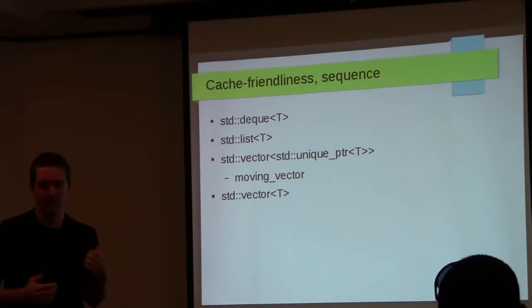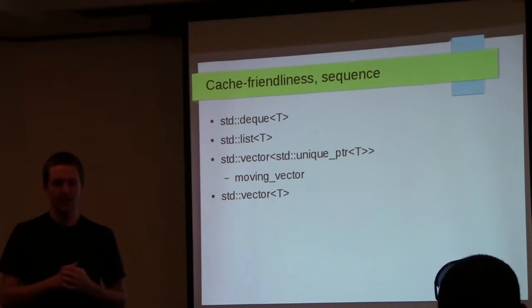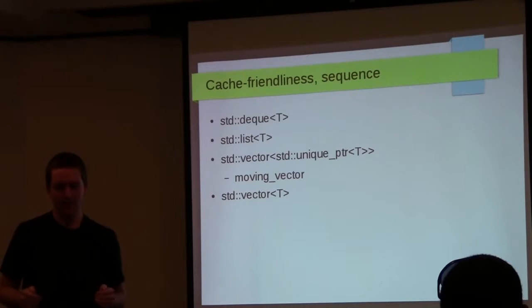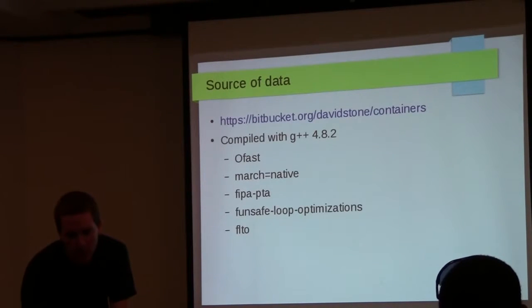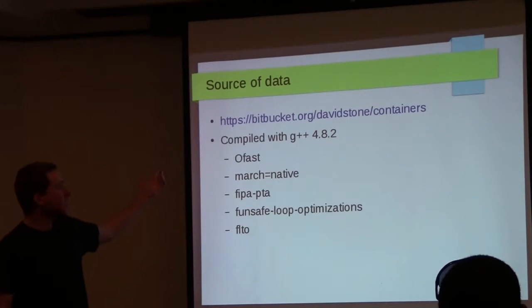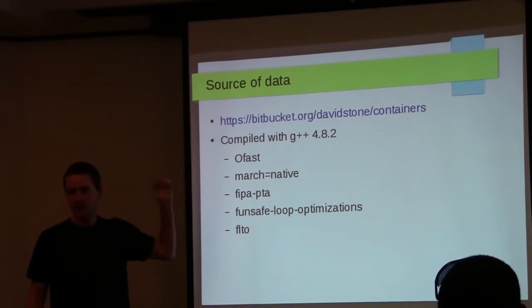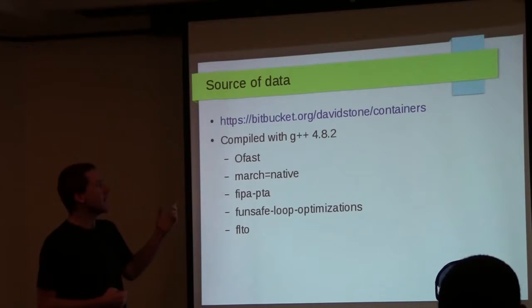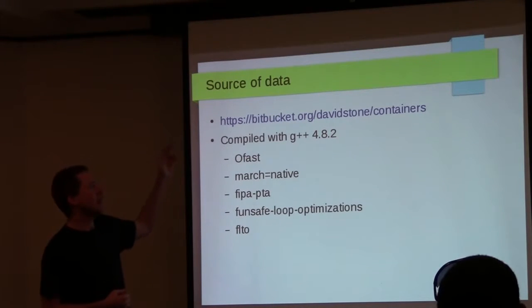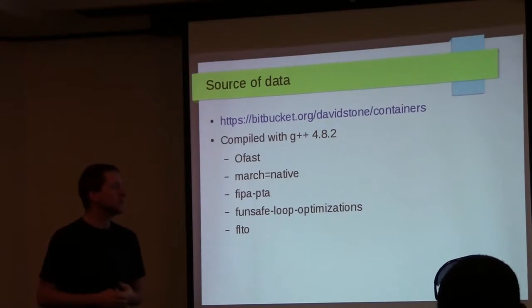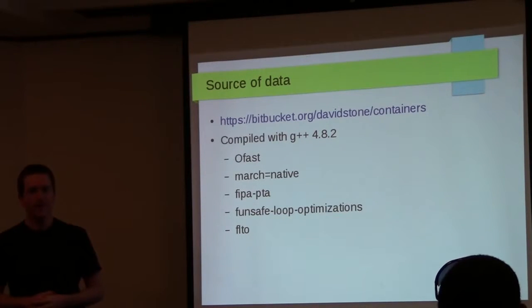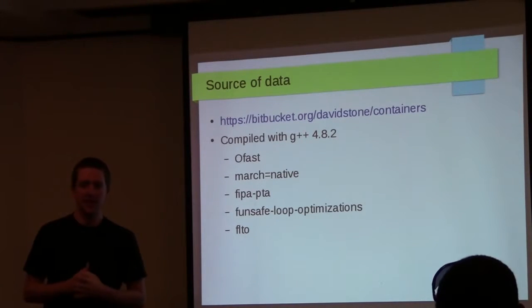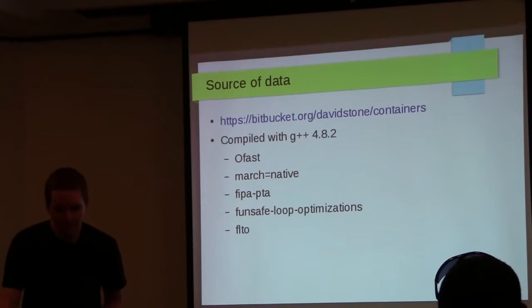I'm going to be referring to it that way in my slides here just to save on space. So the source of this data, you can find the code for the tests that generated the graphs that I'm going to show you here at that URL. The tests were run compiling with GCC 4.8.2 with these flags, and it was run on an Intel i5 machine.